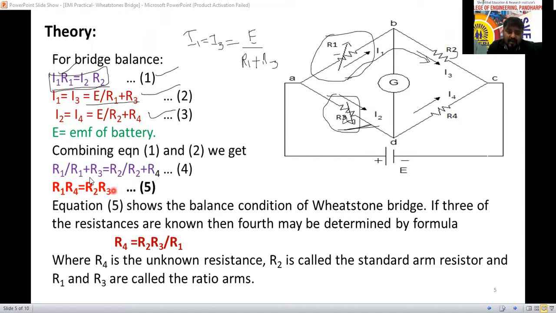Now by rearranging the equation, we are going to get the final equation, that is R1 R4 equal to R2 R3.